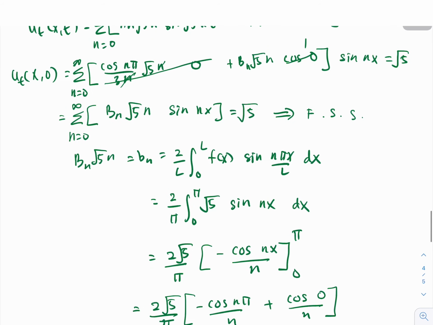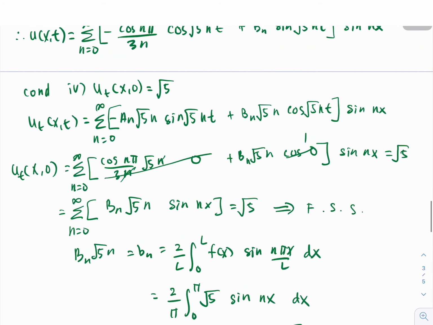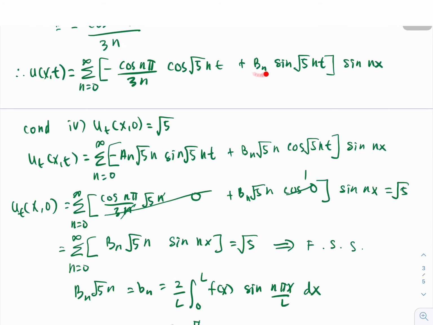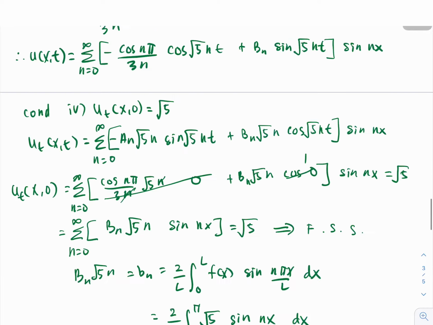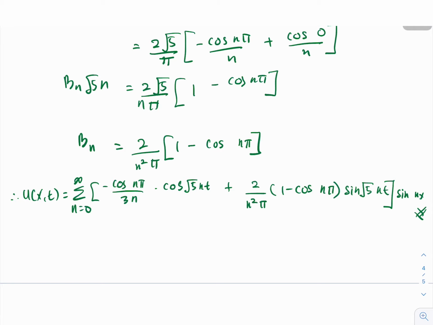Okay, so we have our b_n, and then substitute again in here. So this is our final solution. Therefore u(x,t), so this is our final solution for the wave equation.